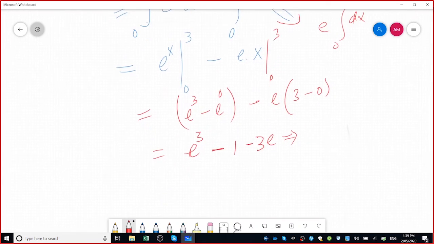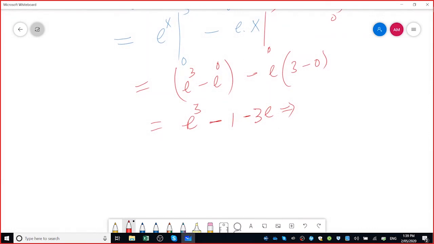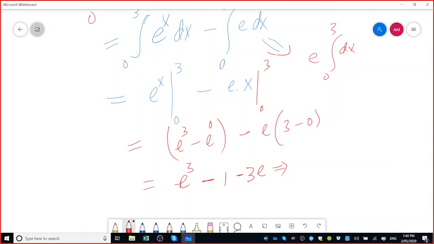So 3. Why is it plus 1 in the answer? Let me again check the answer. 6D question number 25, e cube minus 3e plus 1. Why plus 1? I'm not sure. I would have said minus as well.